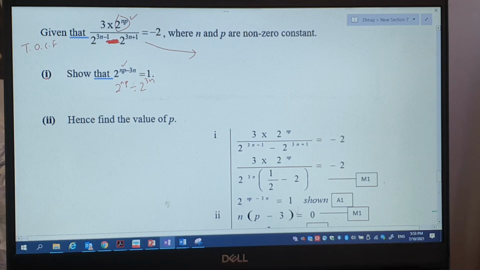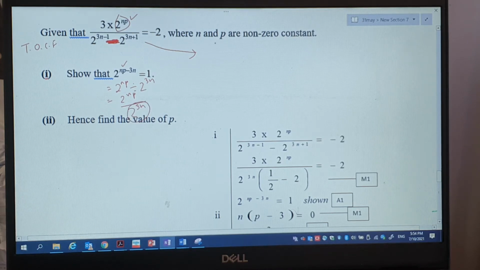This divided by this is actually this, which means that it's actually this. So you can actually work backwards, and then you know what you want from here. This one already done, so we leave this fella alone. This fella, no, we need to take out common factor 2 to the power of 3n.